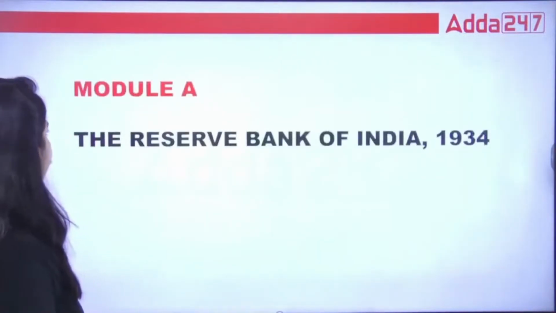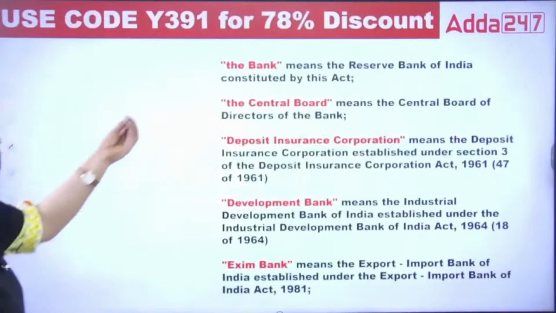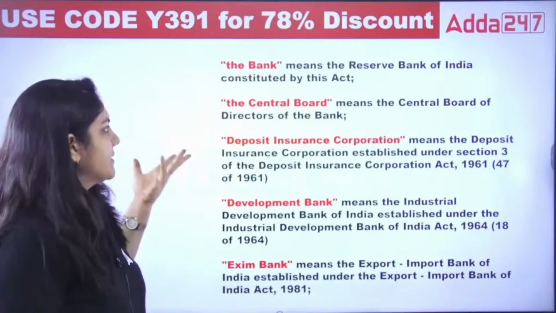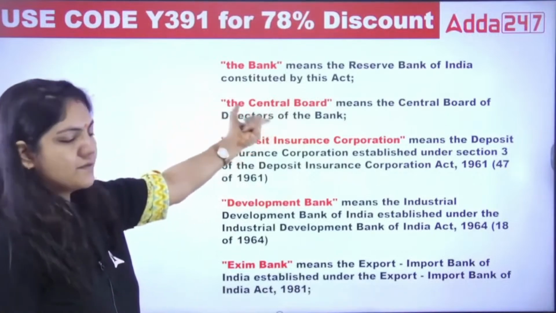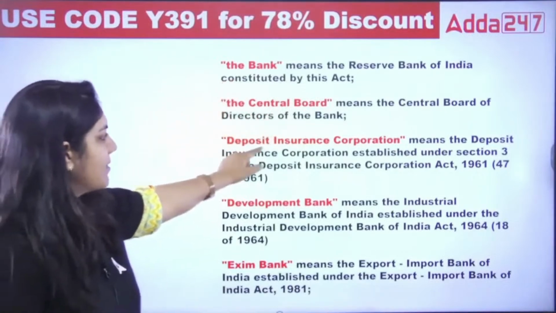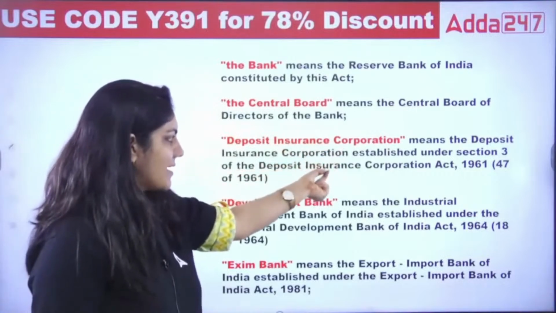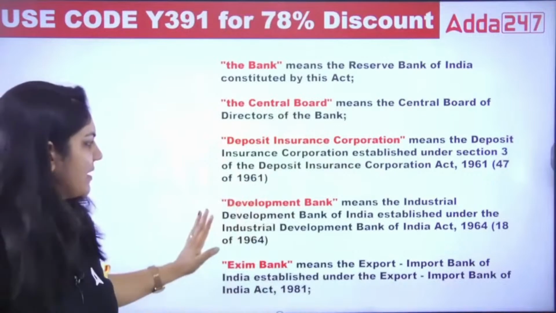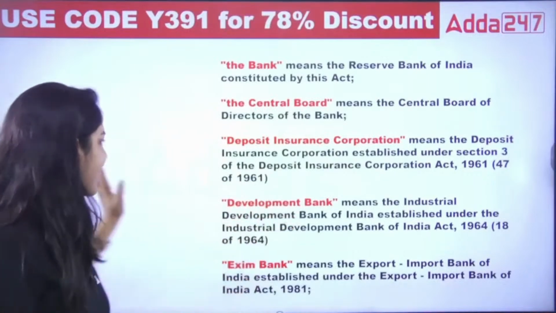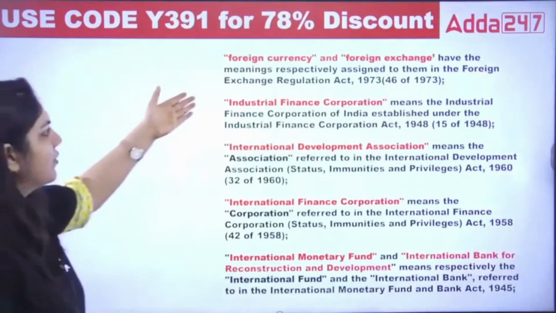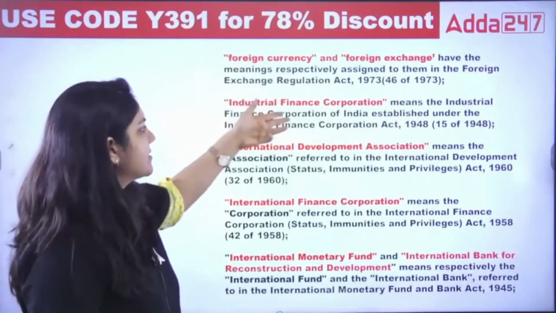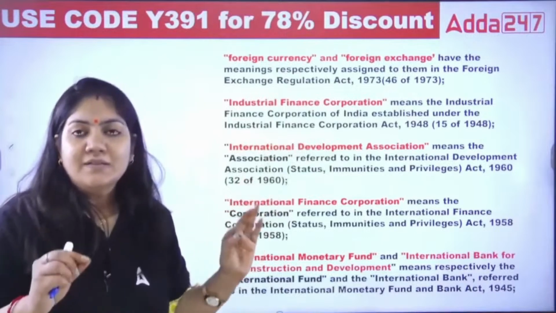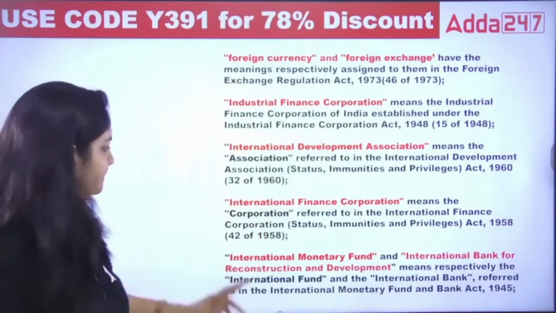And the Reserve Bank of India, that is too easy. What is bank? Reserve Bank of India constituted by this act, Central Board of Directors of the bank, Deposit Insurance Corporation established under this act. That is so easy and there is no need to learn this one. Development Bank, Exim Bank, Industrial Finance Corporation, International Development Association. These definition terms are not important.